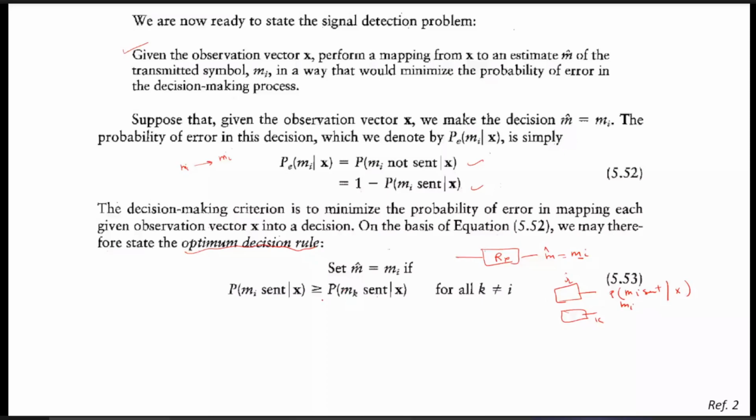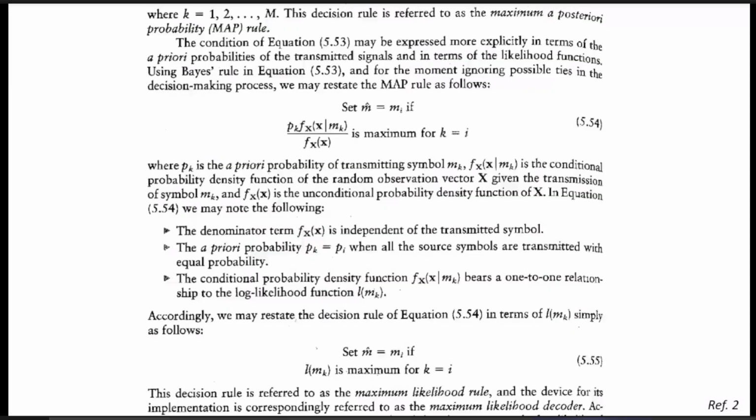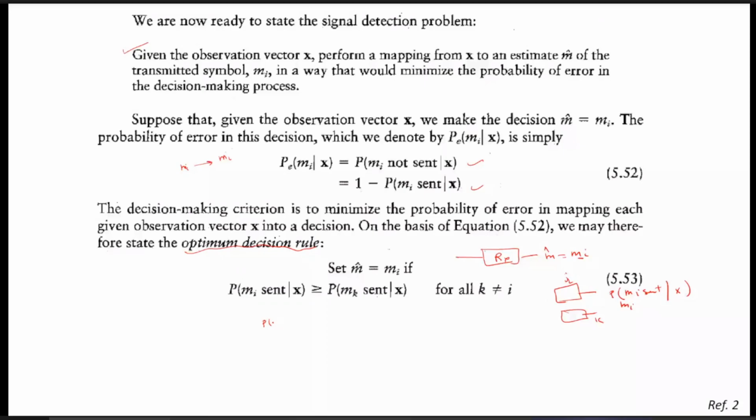Now this is nothing but a conditional probability, and the conditional probability of a given b equals the probability of b given a times the probability of a, divided by the probability of b. Using Bayes' rule, we can write the probability of mi sent given x as the probability of x given mi sent times the probability of mi, divided by the probability of x.